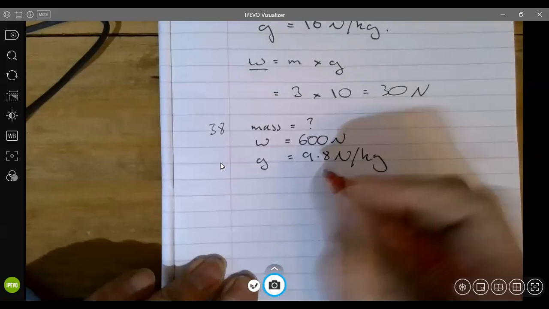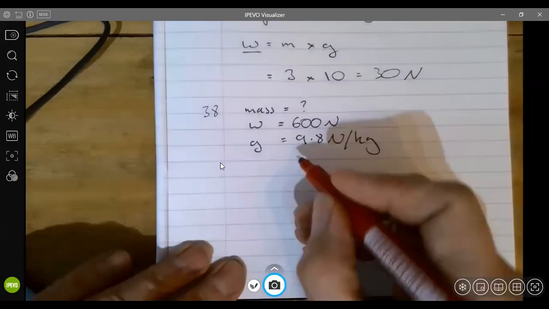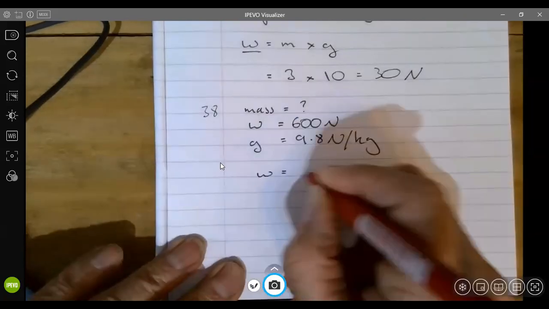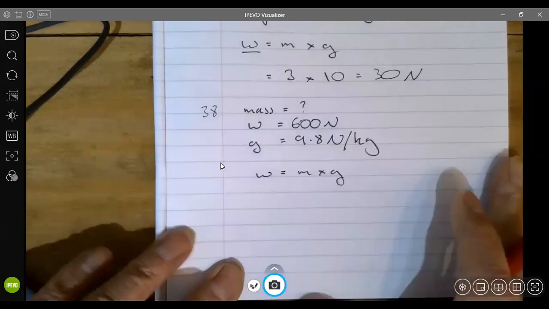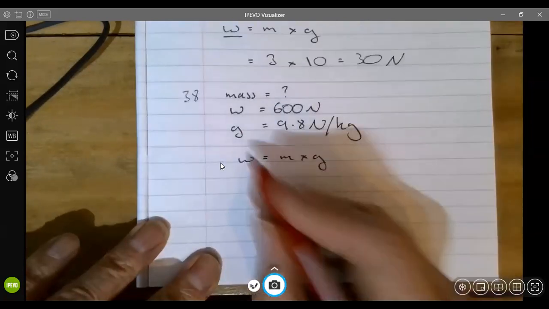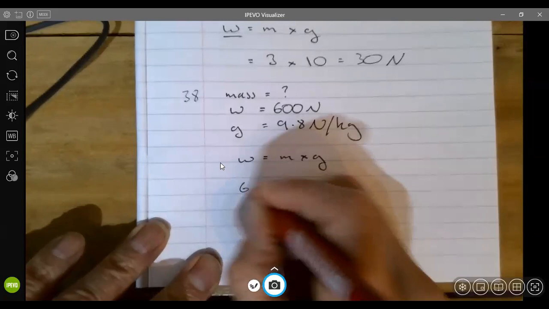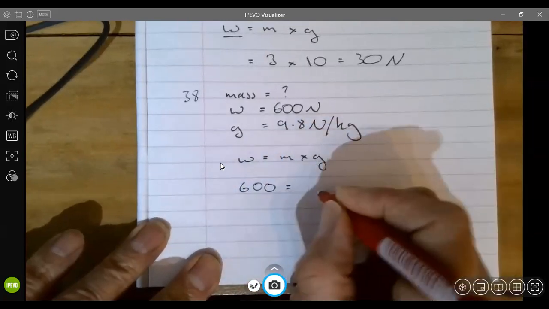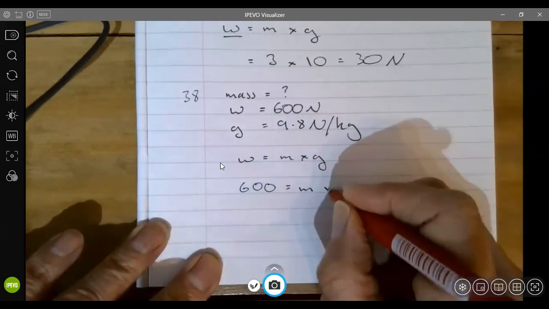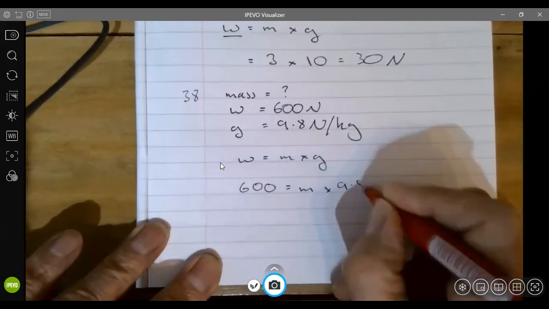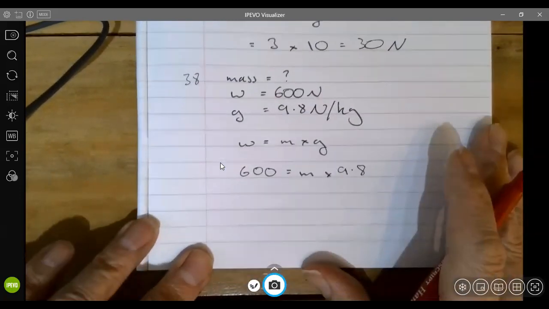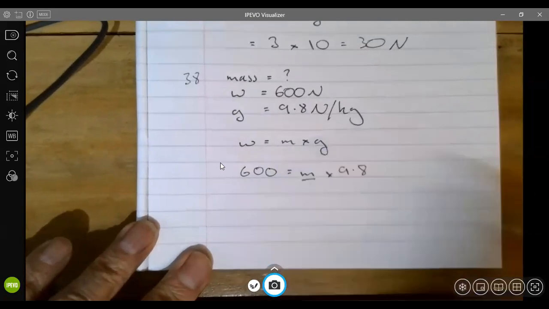So now what I need to do is write down my formula. Weight is equal to mass times gravity. I now need to insert my numbers. 600 is equal to mass m times gravity, 9.8. Now, I want to make mass the subject.